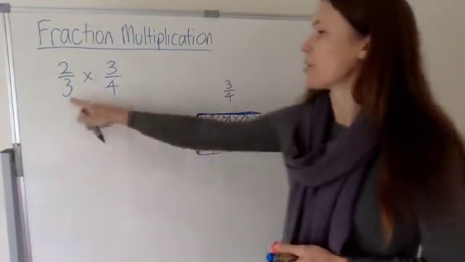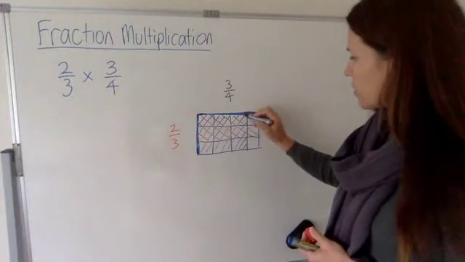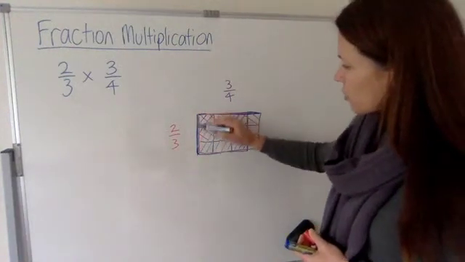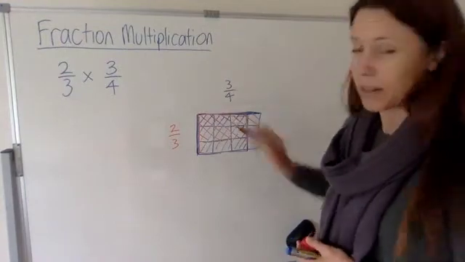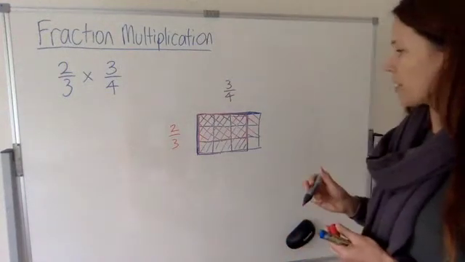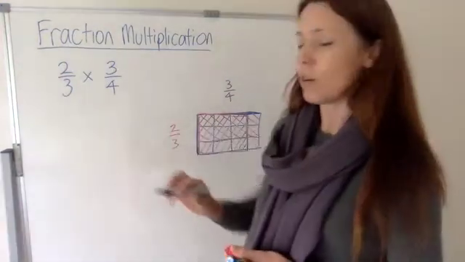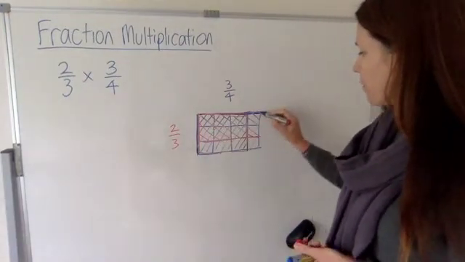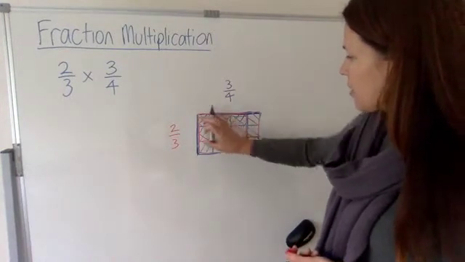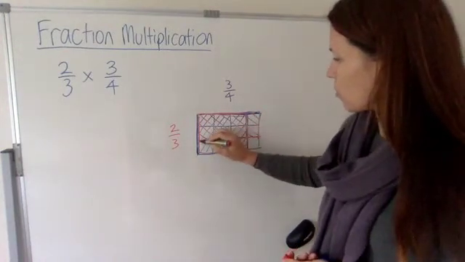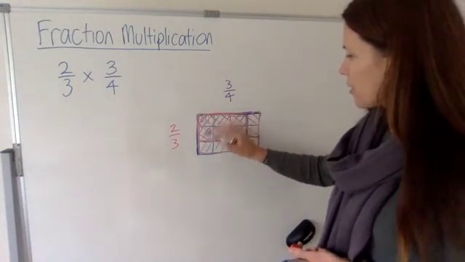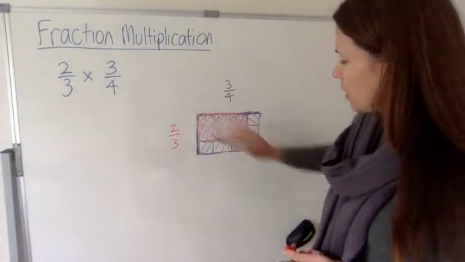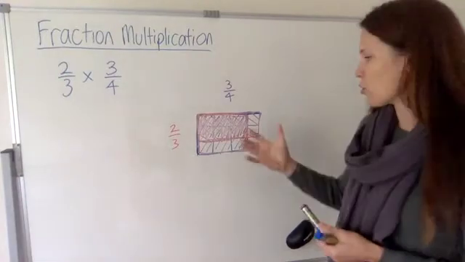Now, 2/3 of 3/4, well, here is the whole 3/4, and here is 2/3 of it, okay? The other way you could look at it is if we were doing 3/4 of 2/3, you could say here is the whole 2/3, this part, and this part here is just 3/4 of it.